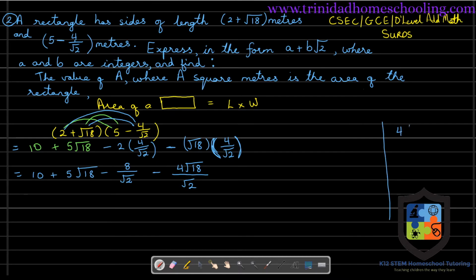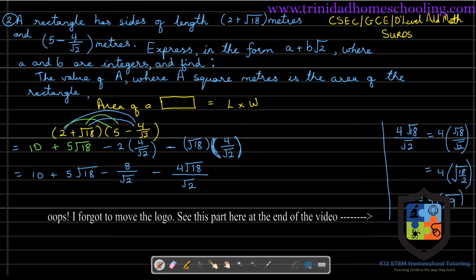So 4 the root of 18 divided by the root of 2 is the same as 4 multiplied by the root of 18 divided by the root of 2, which is the same as 4 multiplied by the root of 18 divided by 2, which is the same as 4 multiplied by the root of 9, which is the same as 4 multiplied by 3.